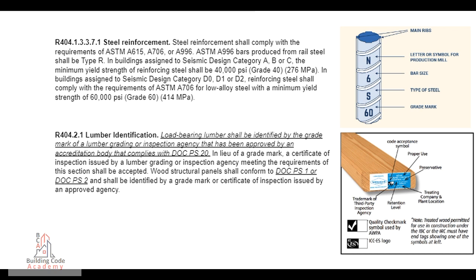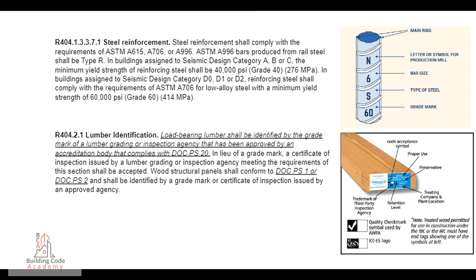R404.1.3.3.7.1 Steel reinforcement. Steel reinforcement shall comply with the requirements of ASTM A615, A706, or A996. ASTM A996 bars produced from rail steel shall be Type R. In buildings assigned to seismic design category A, B, or C, the minimum yield strength of reinforcing steel shall be 40,000 psi, grade 40, 276 MPa.